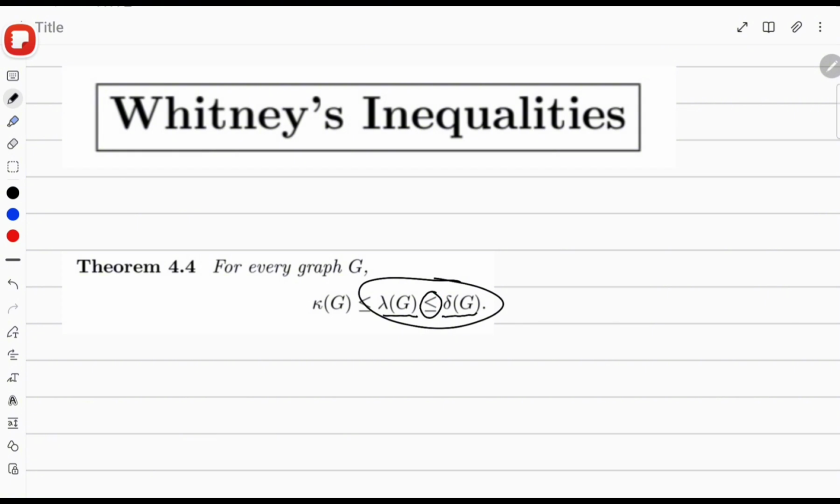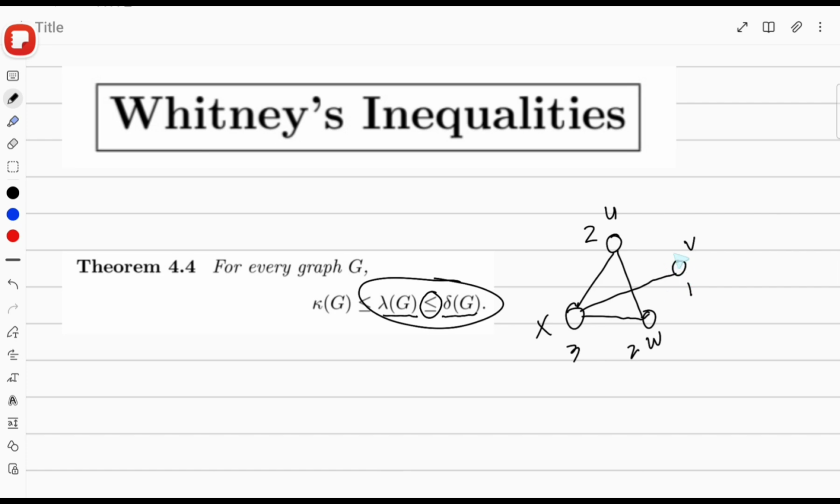This is because if we consider a graph and a vertex V with the minimum degree, suppose here 1, here 2, and 3. That's the degree of the vertices.